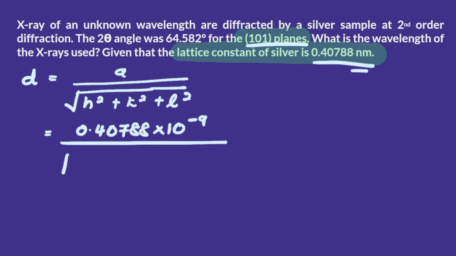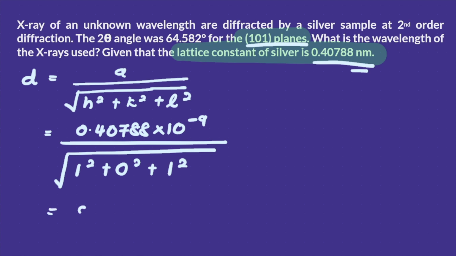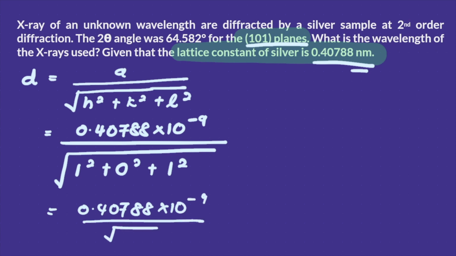We divide with the hkl. Your h is 1 square, plus k is 0 square, plus l is 1 square. Therefore, we will get 0.40788 times 10 to the power of negative 9 divided by the square root of 2.